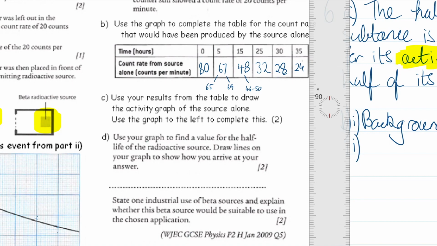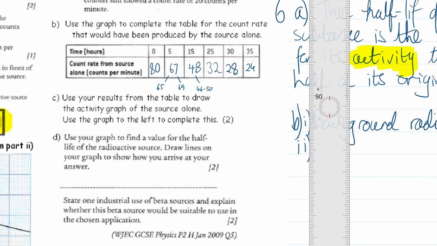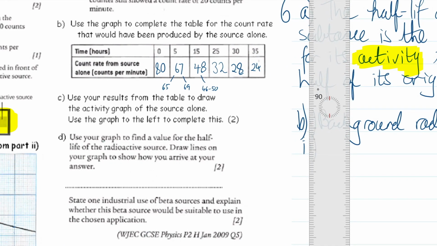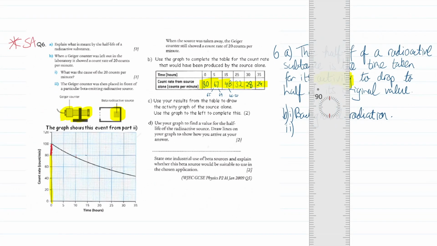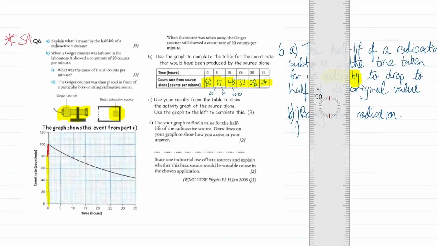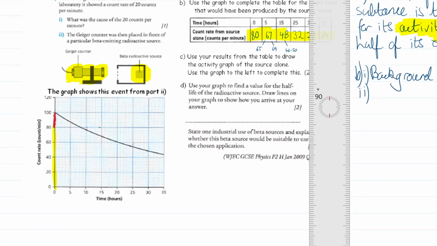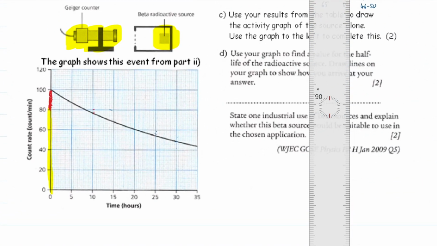When you've completed the table, part C: use your results from the table, draw the activity graph of the source alone. Use the graph to the left to complete this. What you're doing then is using these values, which I highlight in here, to plot a new graph underneath. The first one at 0 time would be 80.